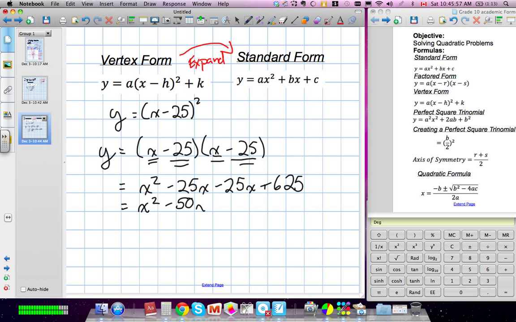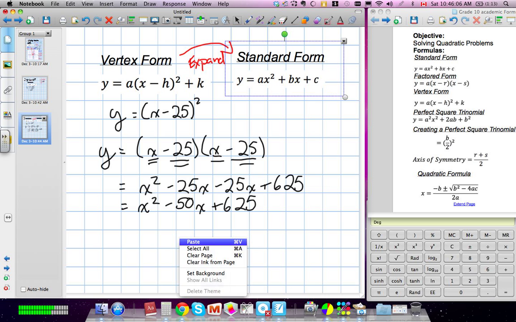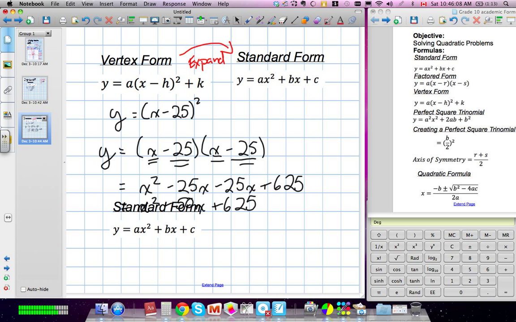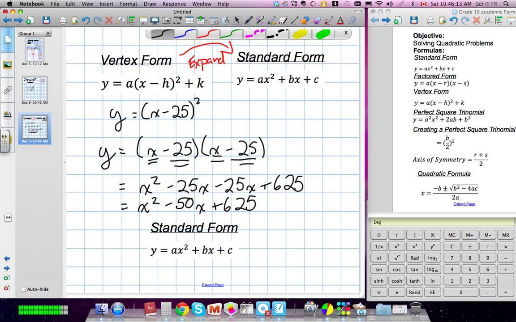Now, this is what's neat about standard form. Here's our A value. Here's your B value. And here is your C value. What did we find the y-intercept to be before? 0 and 625. Do you see that number at all in standard form? Yeah, C. Our 625, or our C value, that is the y-intercept.